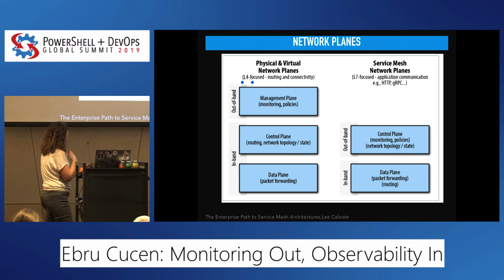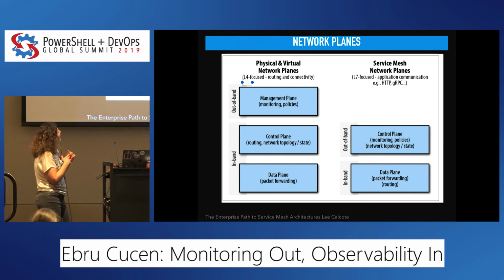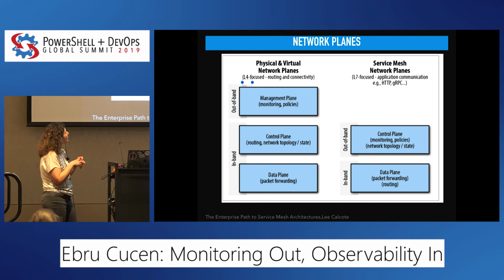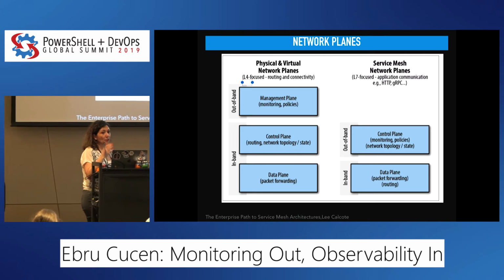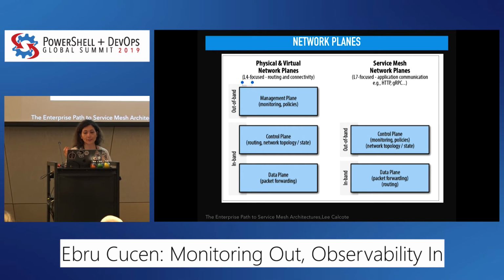So thinking old and new, this is the physical network plane. It used to be 3 layers. With outbound, you had to think about all the monitoring and the policies in one layer 4 focus. And the rest of it, the control plane, what the routing is going to be, what my state file looks like for that network topology, was inherent with the service itself, while the data plane does just the packet forwarding between the services.